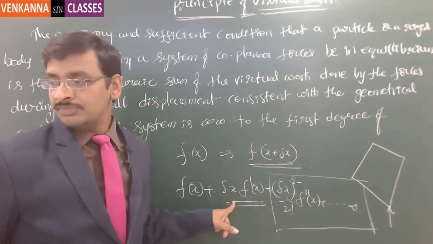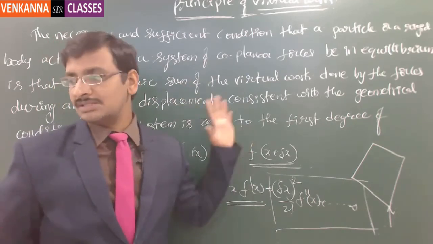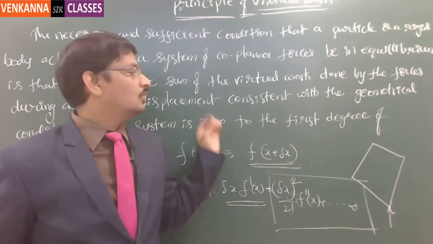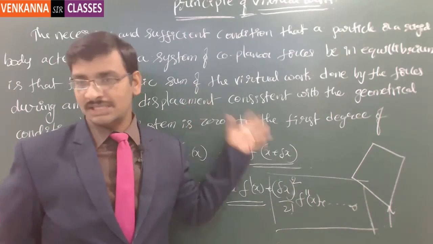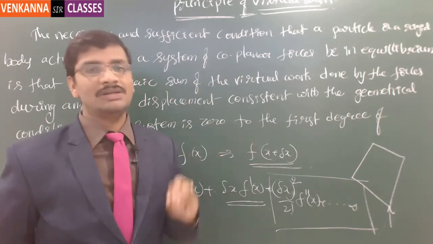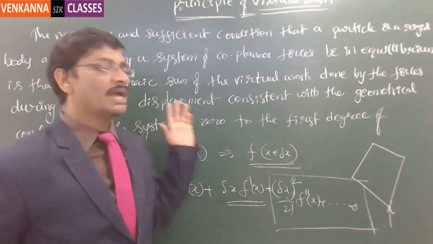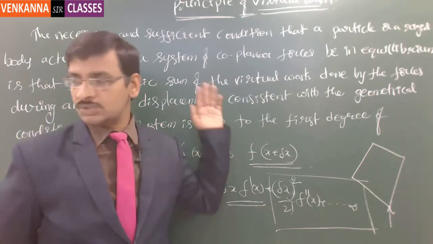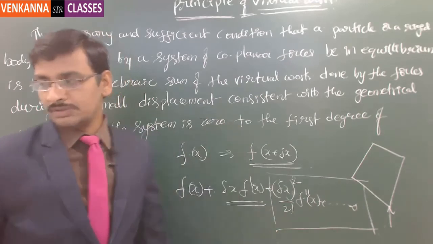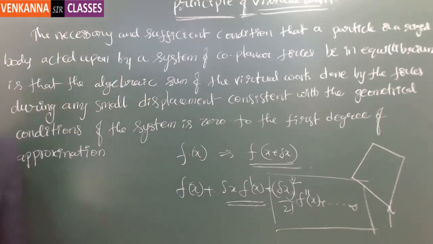This is a more generalized statement, but we don't need to be worried about all these things. We are very specifically dealing with only the linear cases. Got it? But as a statement, it has to be complete and comprehensive. That's why all the aspects of it were given. Got it? You can note this down.